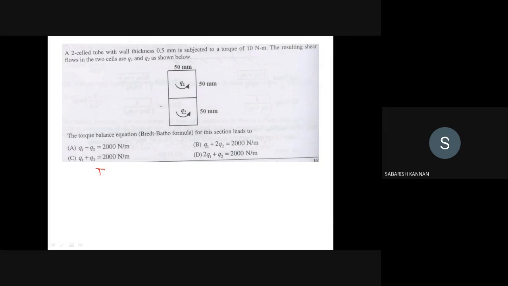So T equal to 2A1Q1 plus 2A2Q2, right? We know T is 10 Newton meter.